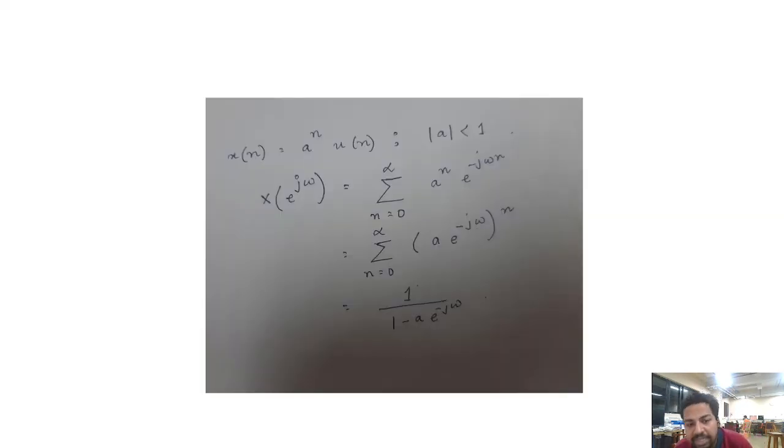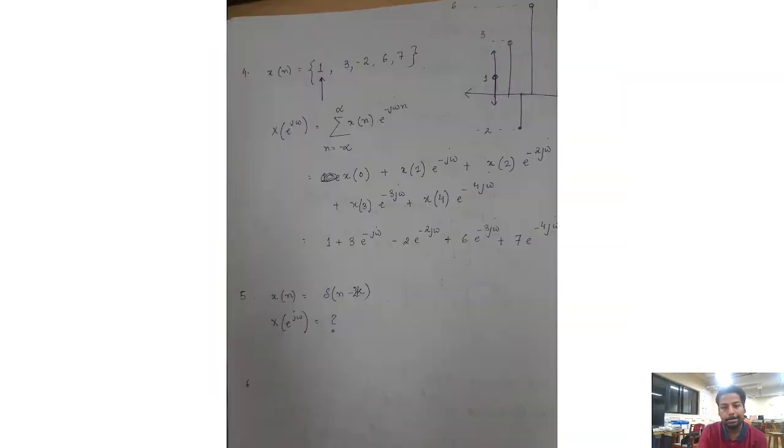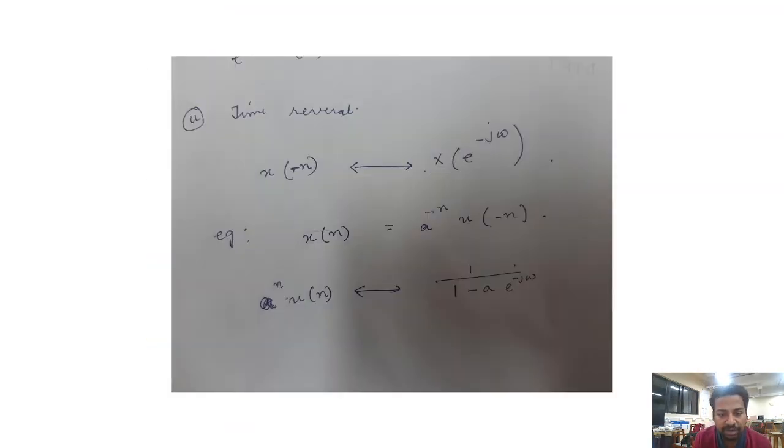We have a signal a to the power of n u of n, and the Fourier transform is 1 divided by 1 minus a into e to the power of minus j omega. These formulas and this question are very fundamental. So it's very good if we keep in our head the Fourier transform for such signals.